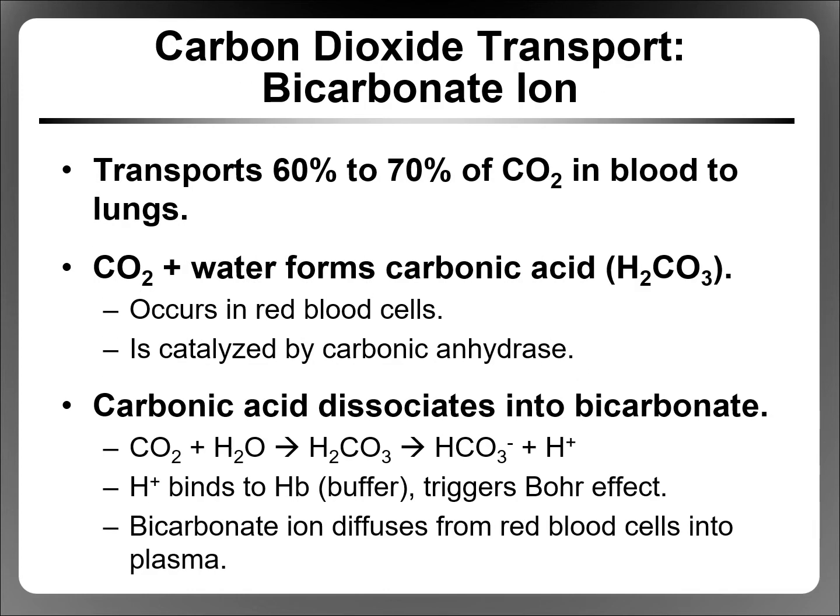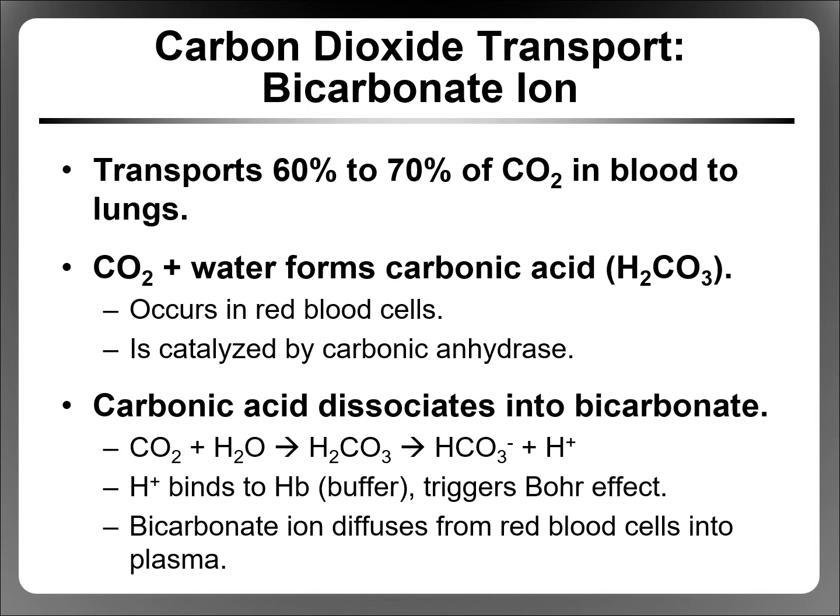So looking at the bicarbonate ions, this is how we transport somewhere between 60 and 70% of the CO2 in our blood back to our lungs. So when CO2 interacts with the water found in our blood, it's going to form carbonic acid. This is going to occur in the red blood cells, and then it will be catalyzed by carbonic anhydrase.